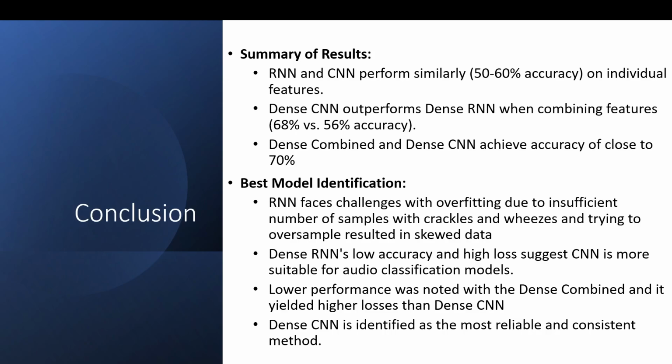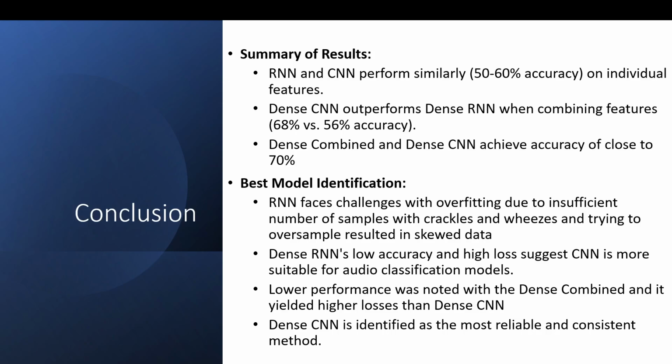However, if you take into account the dense CNN, which takes into account all the feature sets, it heavily outperforms the dense RNN, with about a 68% accuracy compared to the RNN only having a 56% accuracy. And if you use the combined dense set versus the dense CNN set, we see very similar accuracy, close to 70%, with 68% coming from dense CNN, and the combined one being just under 71%.